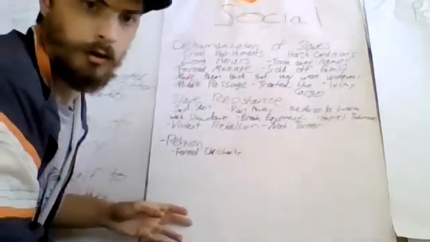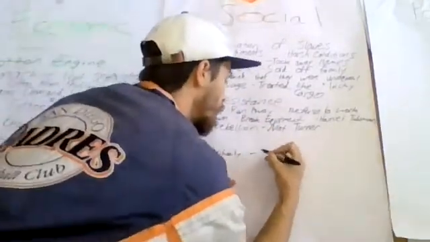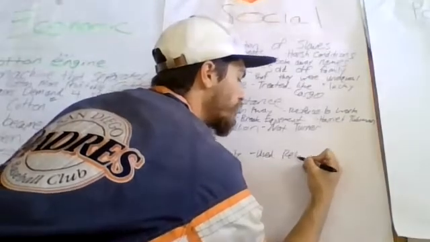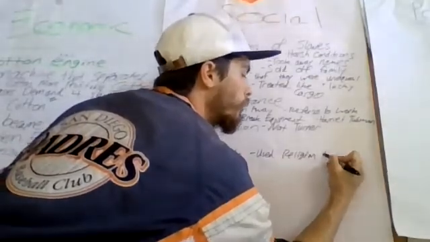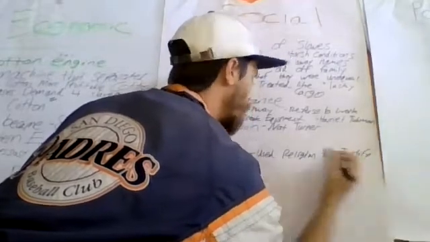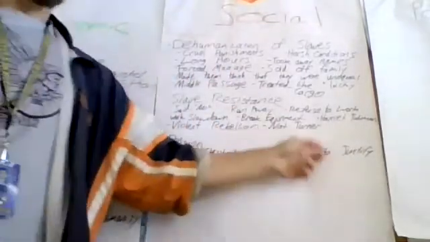The big point I want to get at was they used religion to justify slavery. That's the big thing I want you guys to get. Plantation owners and Southern ministers used religion to justify slavery.